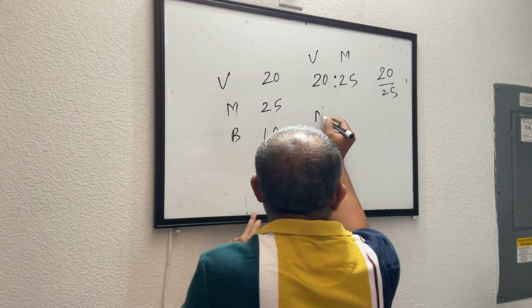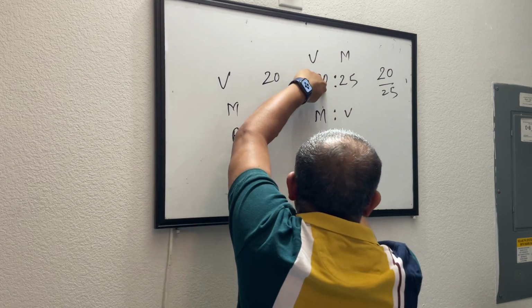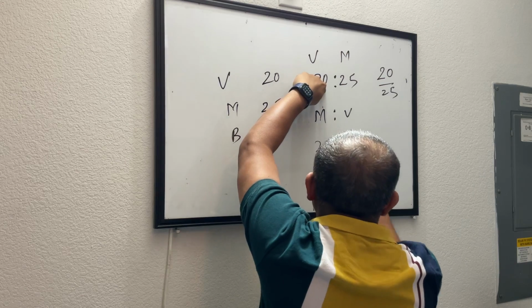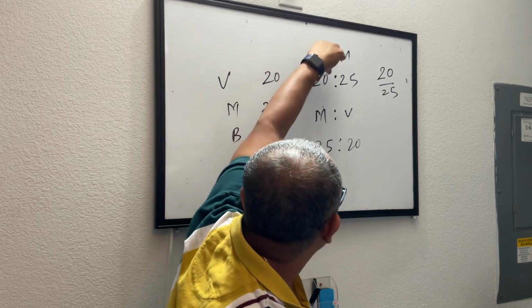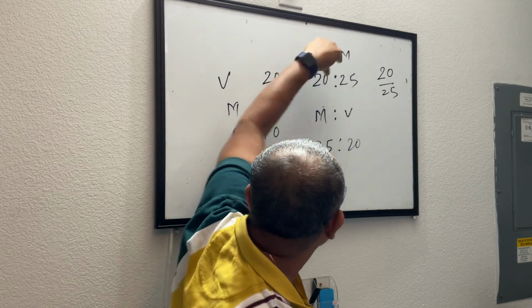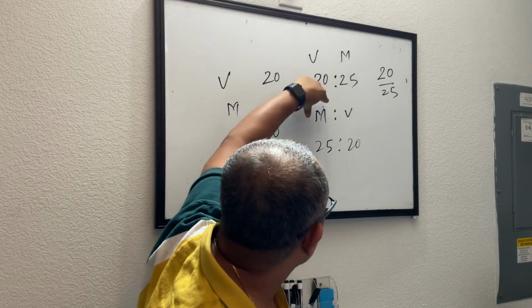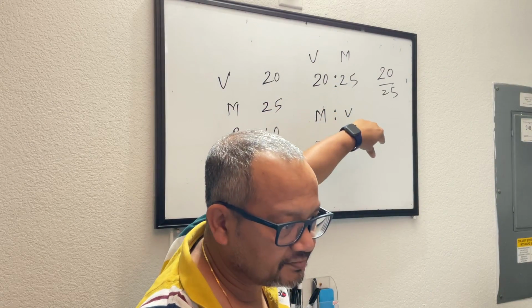If I say Manas is to Vivan, I will say 25/20. So look at the first number, that becomes a base, and you are comparing the other one against that one. When I am saying Vivan versus Manas, 20:25. When I am saying Manas versus Vivan, 25:20.